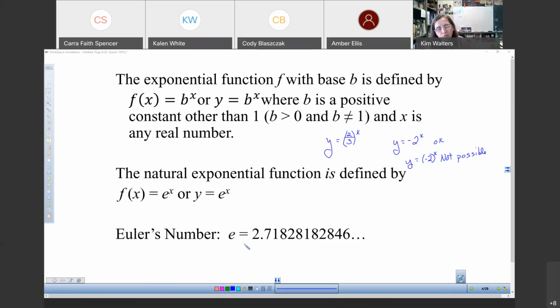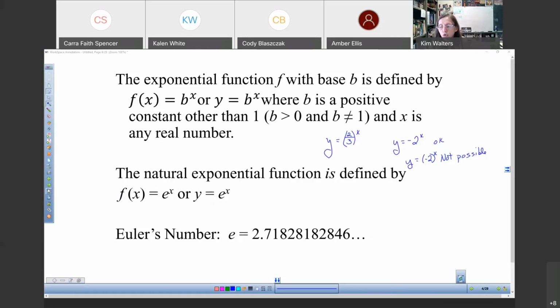It is the base for what we call our natural exponential function. It's a number that just kind of shows up in various and sundry things, in particular the world of business. When you're talking about interest problems and stuff like that, that's one of those places where it tends to show up. So it's a lovely function, and we're going to talk more about it. So that's our special base.